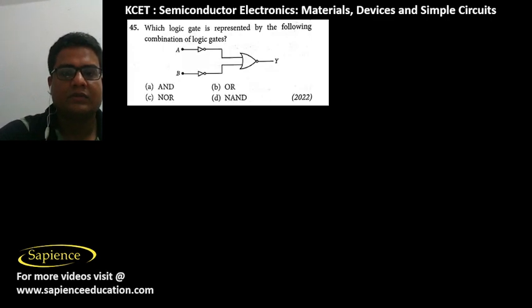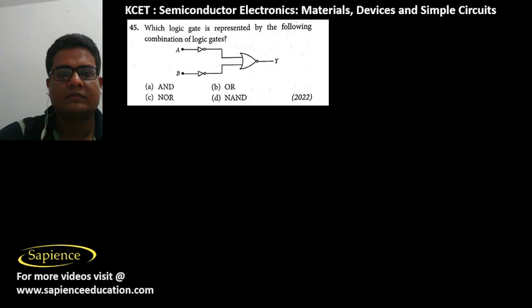Then question number 45 is the last question of this chapter. Which logic gate is represented by the following combination of logic gates?